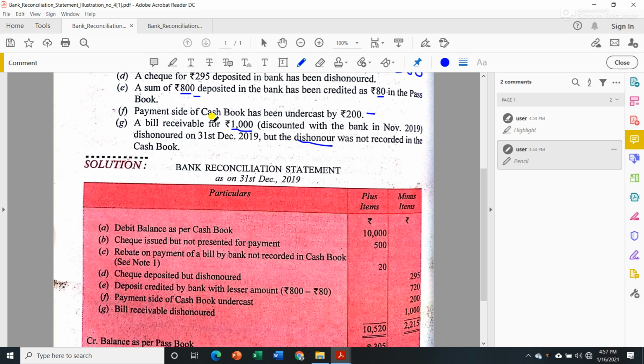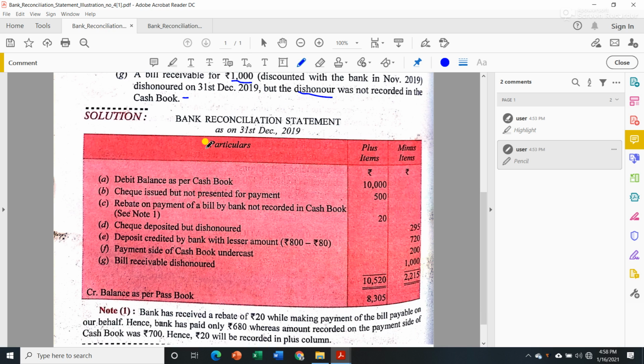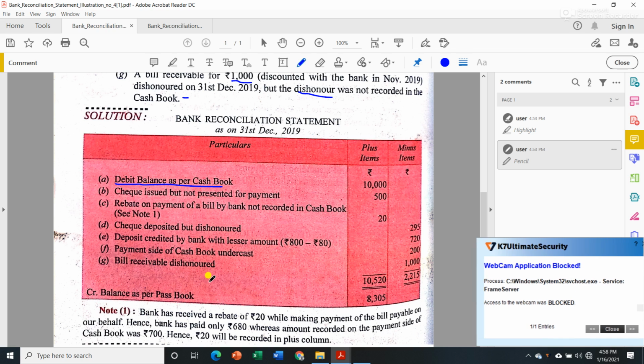So cash book is showing 1000 more, so we have to deduct this one. Okay, so when we deduct 1000 from our cash book, our passbook and cash book balance will show equal amount. Okay, now after writing all these things here, you can see we have plus column more than minus column, so opposite of this one will be credit balance as per passbook.